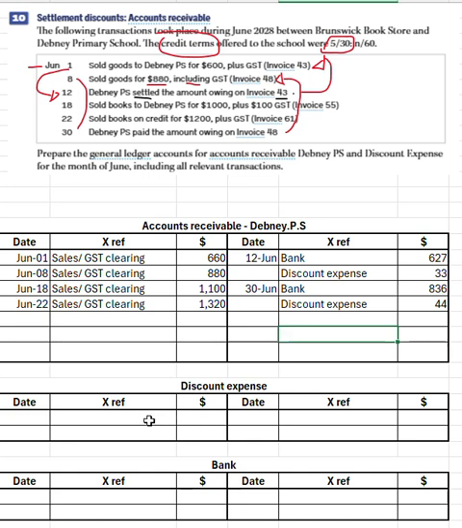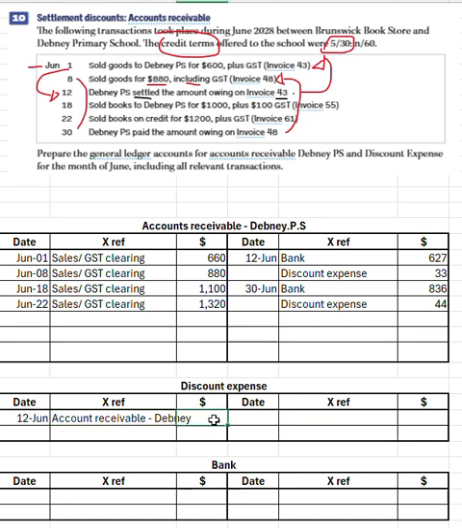Let's just do a couple of entries in these other accounts. In our discount expense, just to highlight the cross-referencing, we have an entry on the 12th, and our cross-reference is not bank. This has nothing to do with the bank. We need to acknowledge that this has come reducing our accounts receivable balance from Debney.